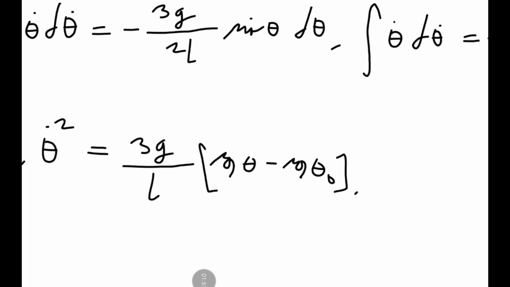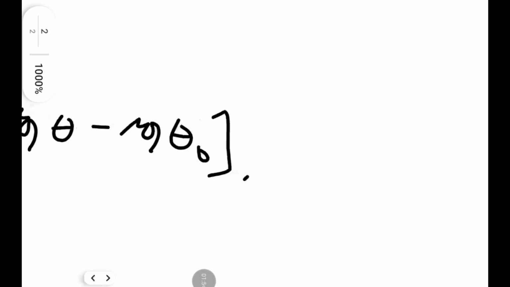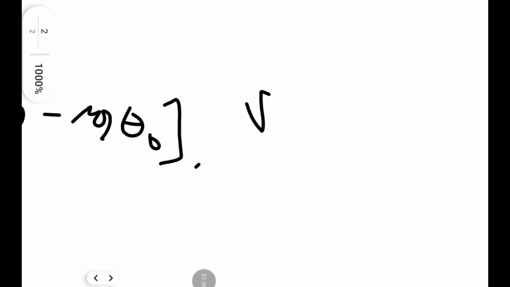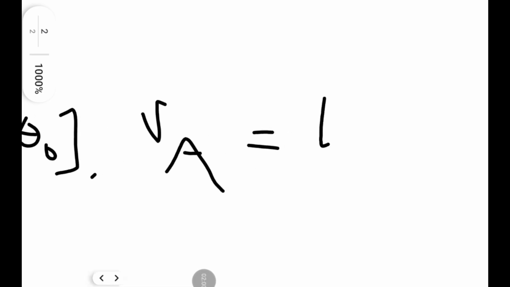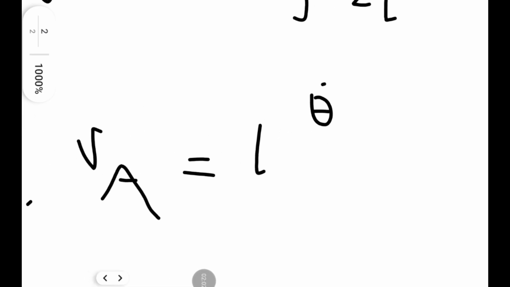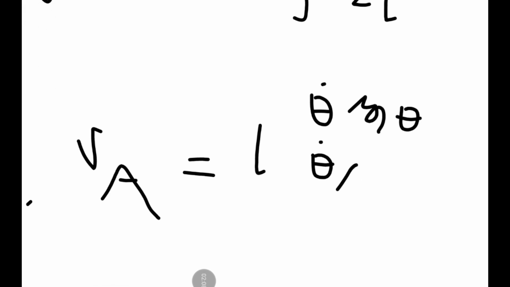If you want to integrate it again, we know what the velocity of point A is. It's equal to L theta dash cosine of theta, and then theta dash sine of theta.